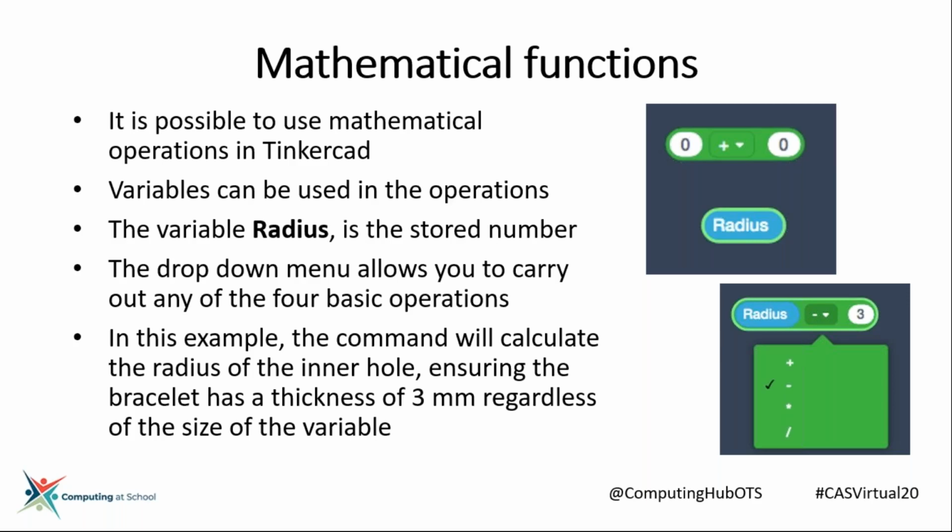So in this instance, we have created a variable called radius. I've put a value in there of 35. I've taken the radius and put it into one of my mathematical operations. From the drop-down menu, I've taken the subtract function, and I've put 3 in there.